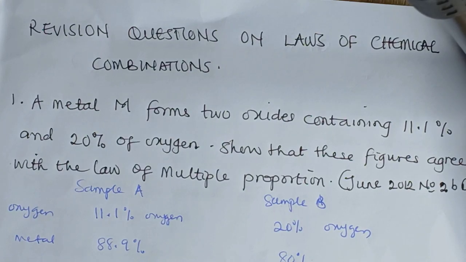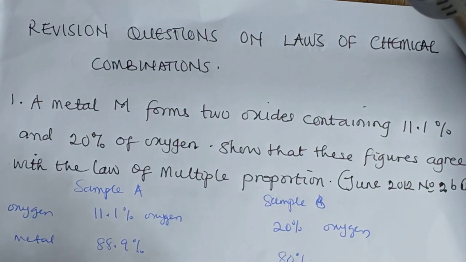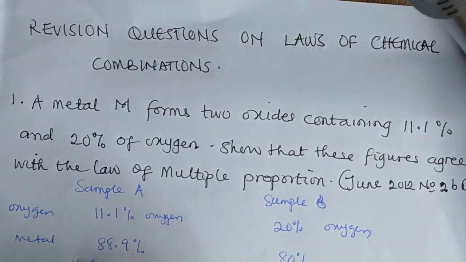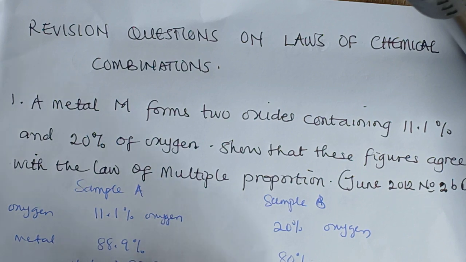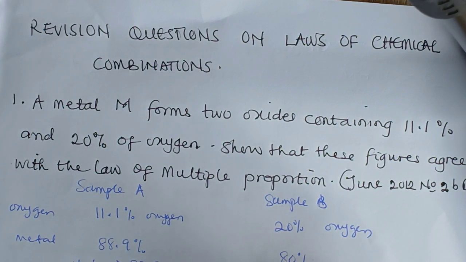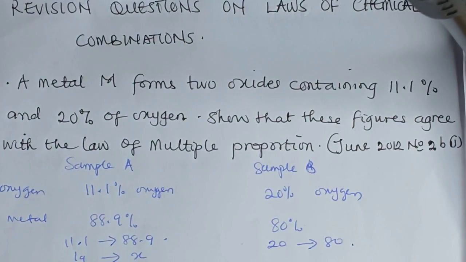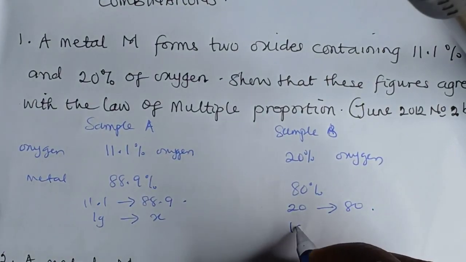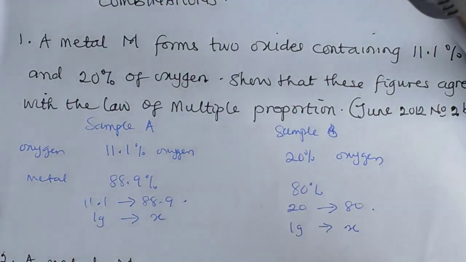So how do we get the proportion? Now, if 11.1 of oxygen combined with 88.9 of metal, 1 gram of oxygen will combine with what? The same thing here. If 20% of oxygen combined with 80 of metal, 1 gram of oxygen will combine with what?